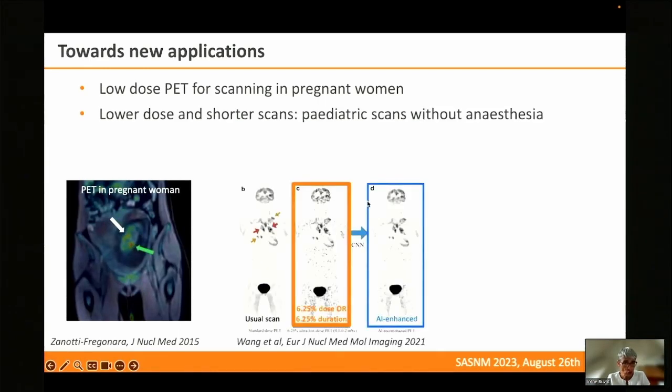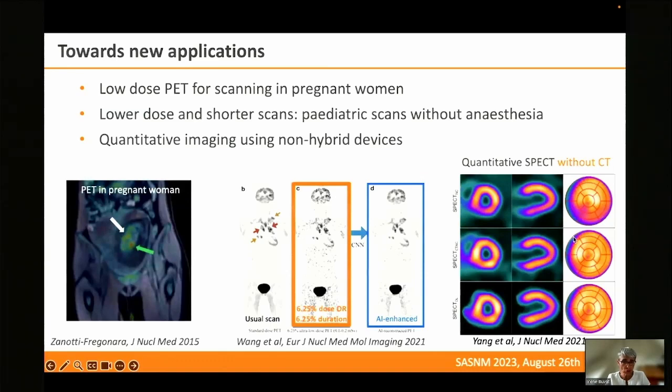Lower dose and shorter scans enable children scanning, possibly even without anesthesia in very small children. And quantitative imaging can be achieved using non-hybrid devices, sorry Thomas, for the departments that are not equipped with hybrid machines.